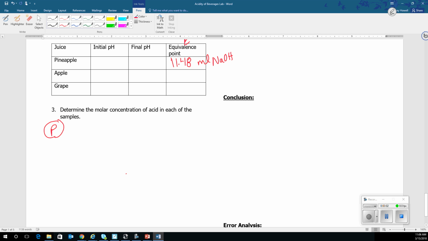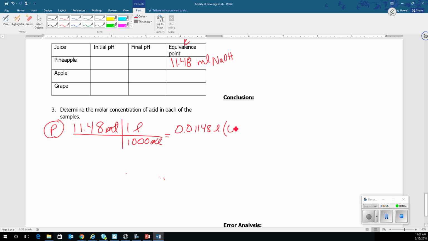I'm going to take that 11.48 milliliters, and I'm going to change it to liters by just dividing it by 1,000. So I get 0.01148 liters.